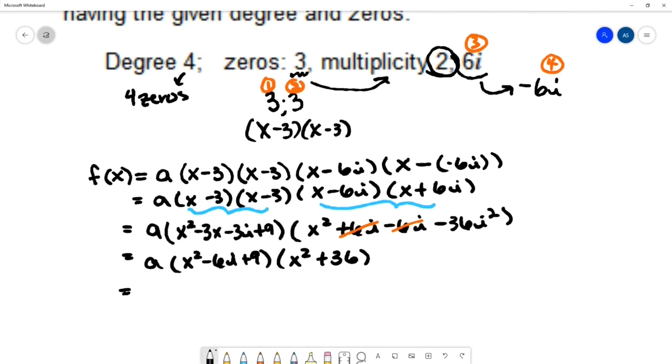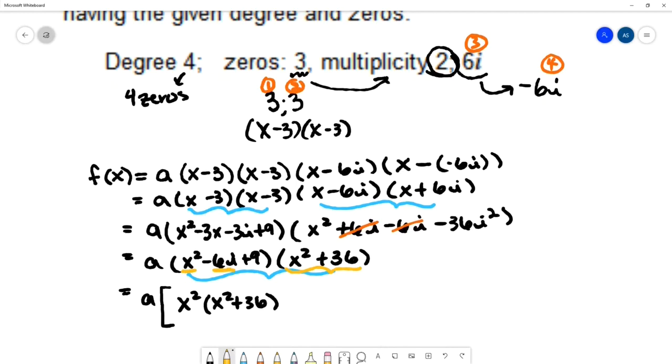And I'm going to multiply a little bit more. Now I can multiply these two together. I'll write a bracket here. And I'm going to multiply the x squared times everything over here. That's x squared times x squared plus 36.